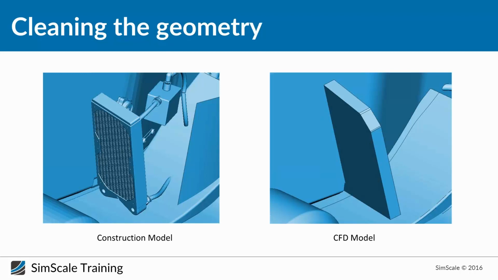If you have the right setup of your porous media, you can get really close, accurate results and pressure drop compared to the real example, without investing so much time and so many resources to get the same mesh for the construction model of the radiator.